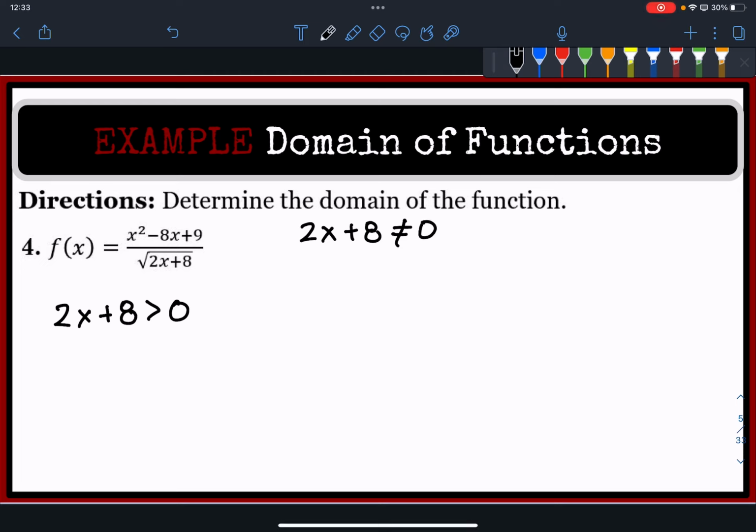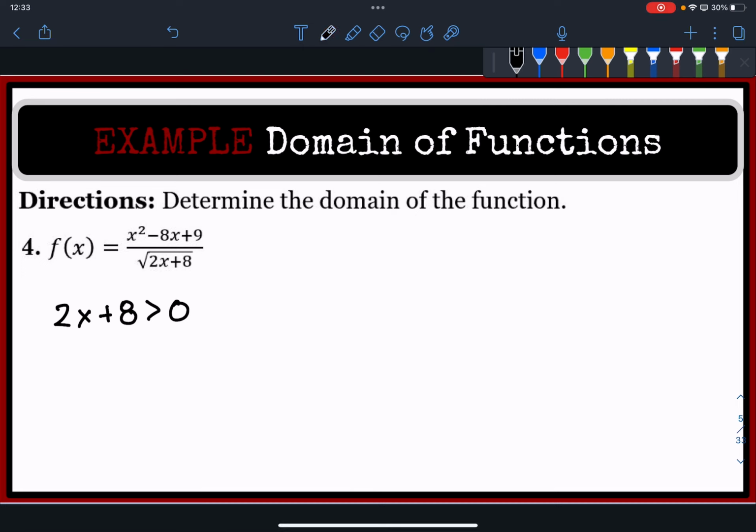So we have to exclude anything that will make this equal to 0. And because of the square root, we have to have it be greater than 0. So it will not have the equal sign. So when the square root is in the denominator, we just simply set it greater than 0 instead of greater than or equal to 0. We just exclude the equal sign.